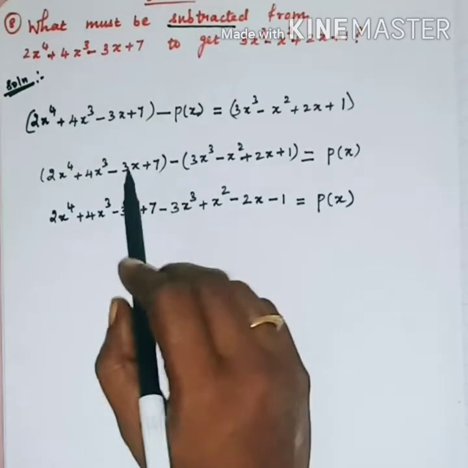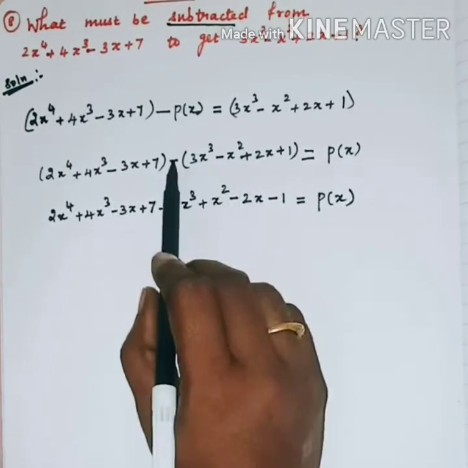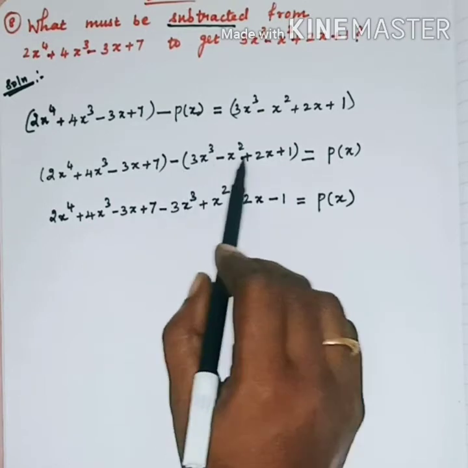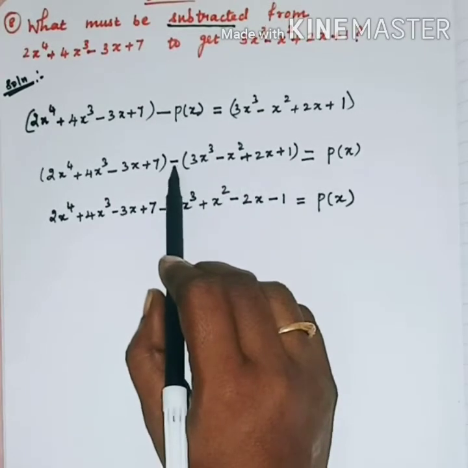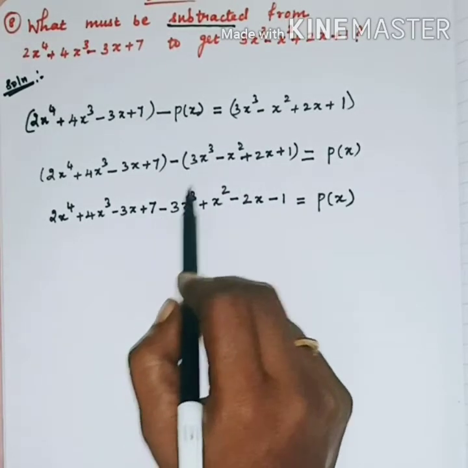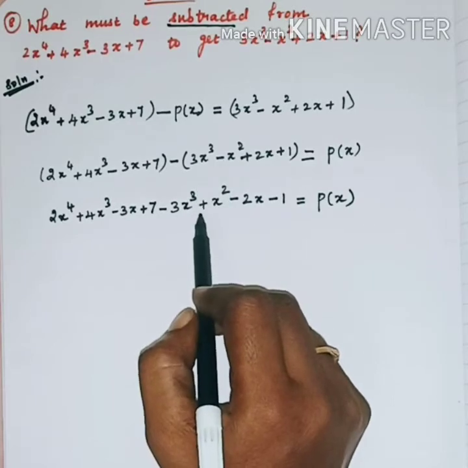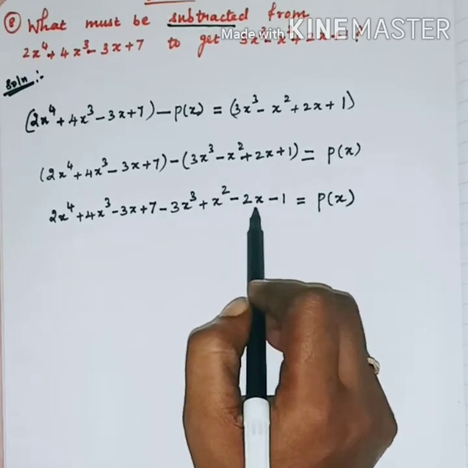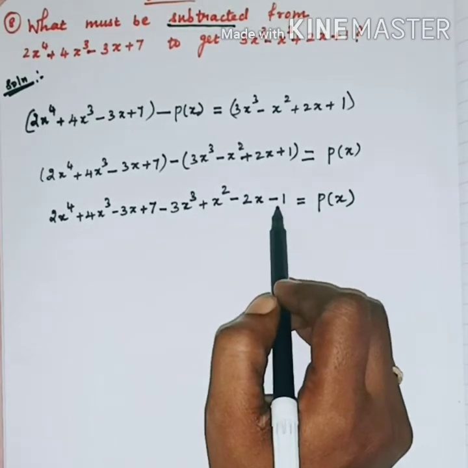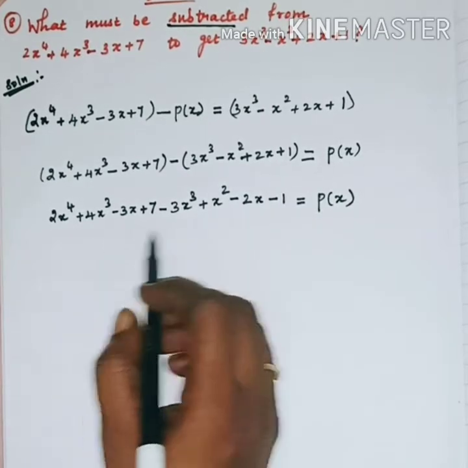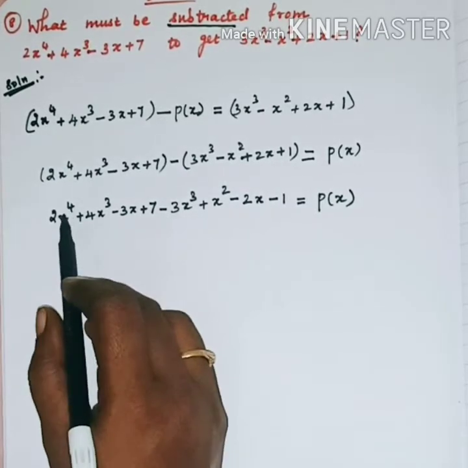So plus 3x cube becomes minus and minus x square becomes plus x square, plus 2x becomes minus 2x and plus 1 becomes minus 1. Now combining the like terms, we have 2x power 4.